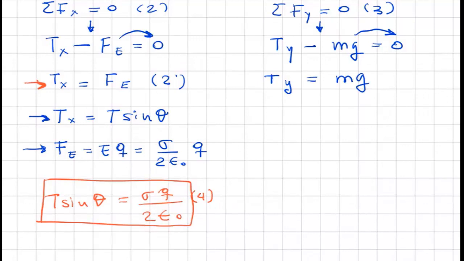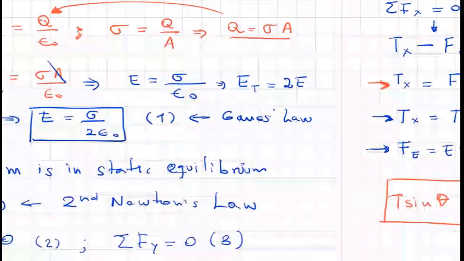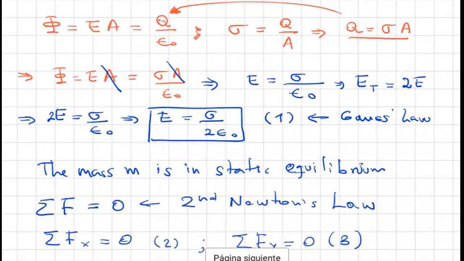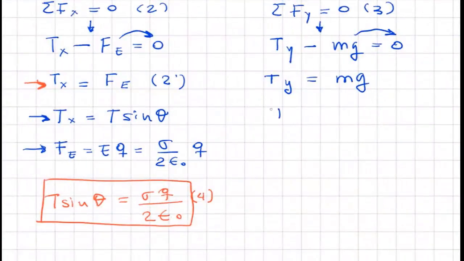Going to the illustration again, we see that Ty is next to the angle, so Ty is equal to T cosine of theta.